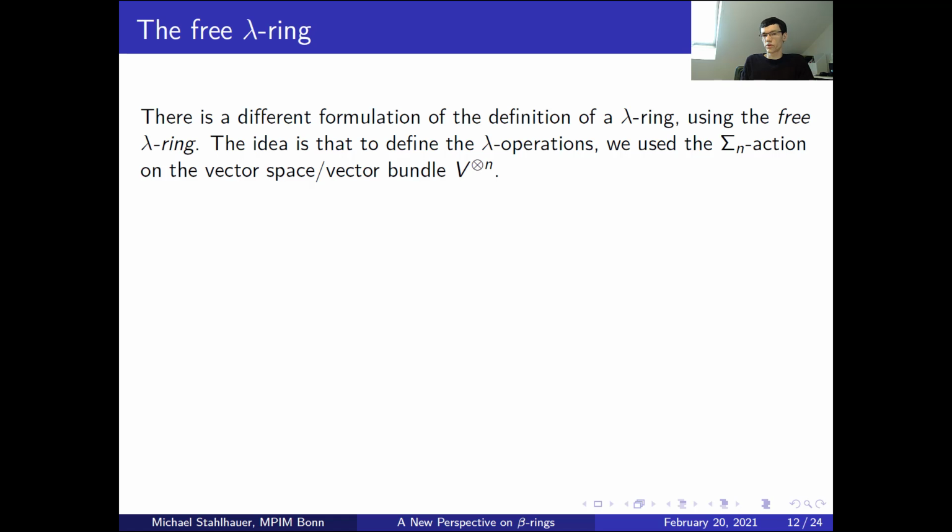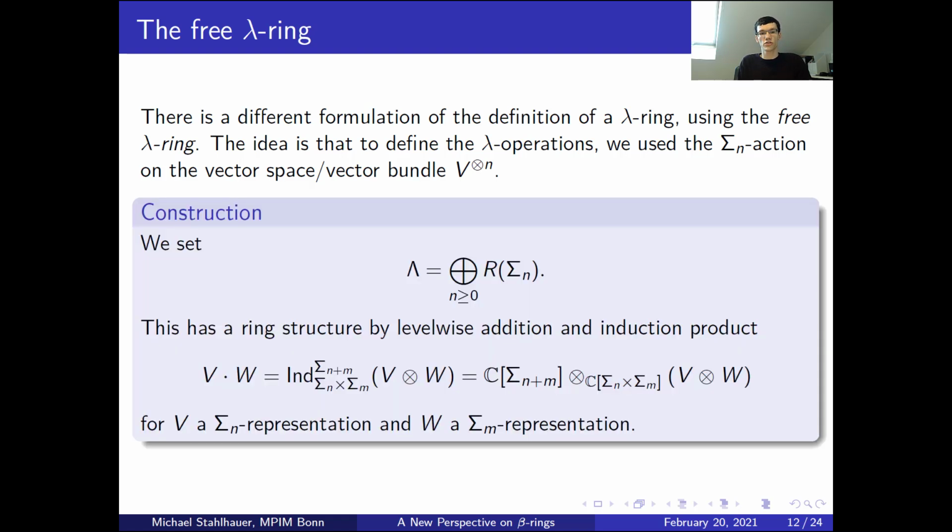And if we want to define this lambda ring, you can think that, well, lambda operations were defined using the nth tensor power of a representation or a vector space or a vector bundle, and those have sigma n actions. And these sigma n actions really played a key role in the definition of the lambda operations. So let's just study representations with sigma n actions. So we build the following ring.